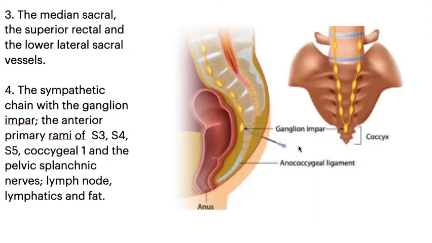Also we have the median sacral artery, superior rectal and the lower lateral sacral vessels, the sympathetic chain with ganglion impar, the anterior primary rami of S3, 4, 5, coccygeal 1 and the pelvic splanchnic nerves, along with lymph nodes, lymphatics and fat.